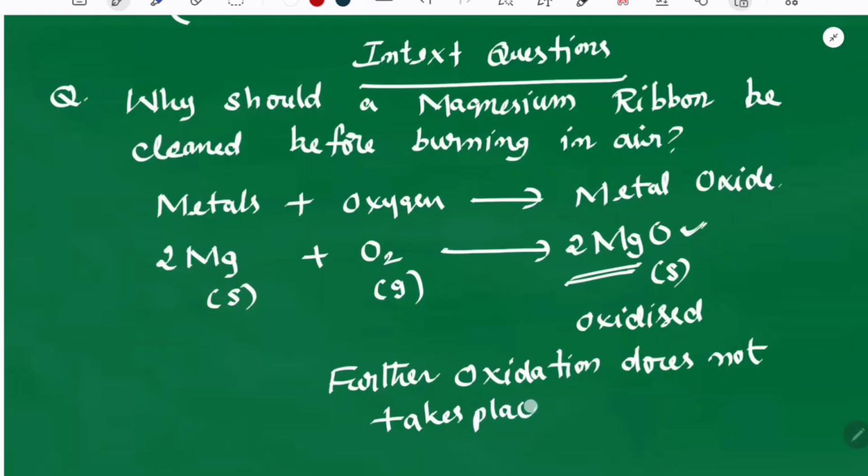This is the reason to remove whatever is present on the magnesium ribbon, the layer will be removed. This is the reason. Without this, there are no other reasons, simply it is already oxidized. So once oxidized, further oxidation does not take place. This is the answer.